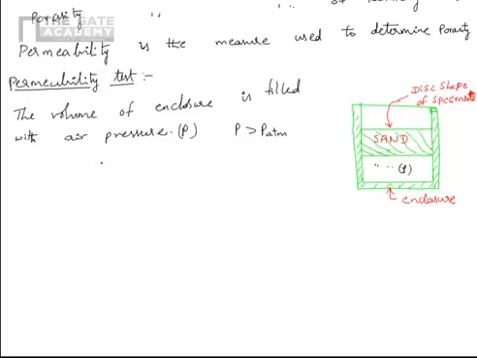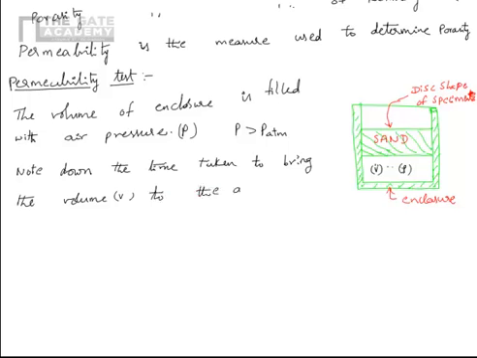Next, note down the time taken to bring the volume V to the atmospheric pressure. This is V. Note down the time taken to bring the volume V to the atmospheric pressure.